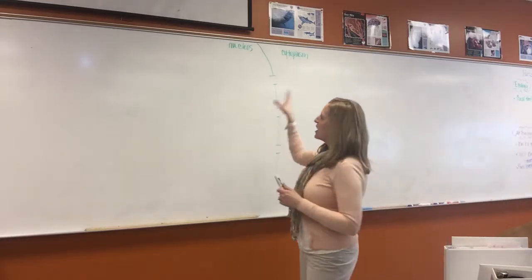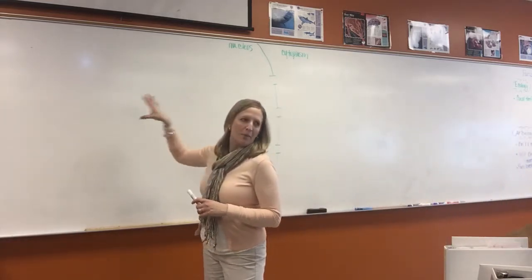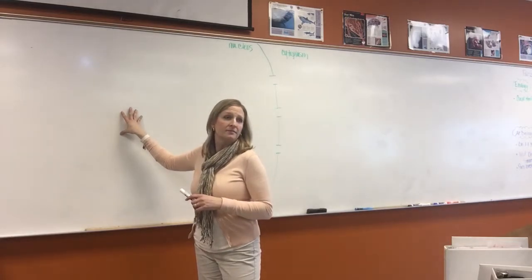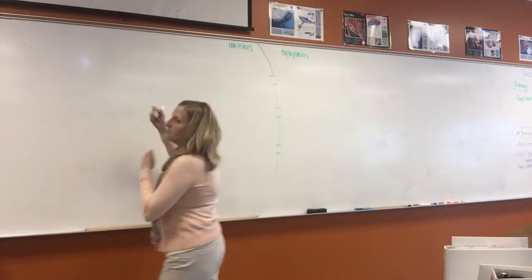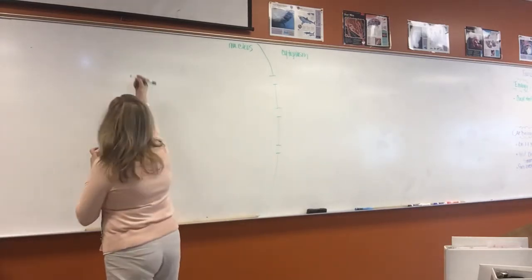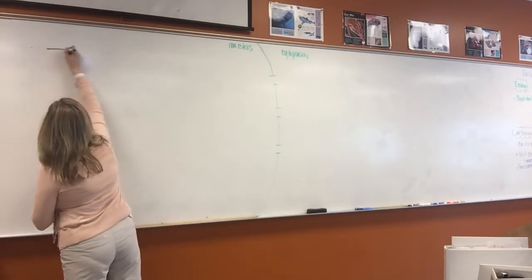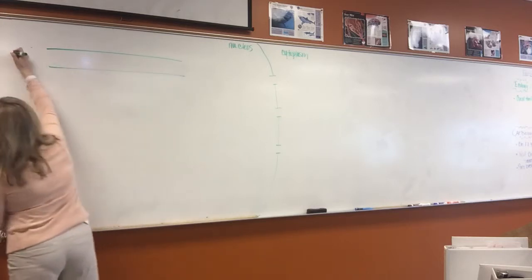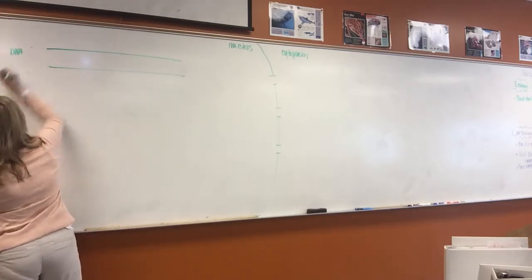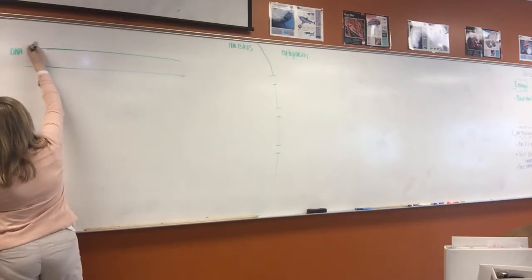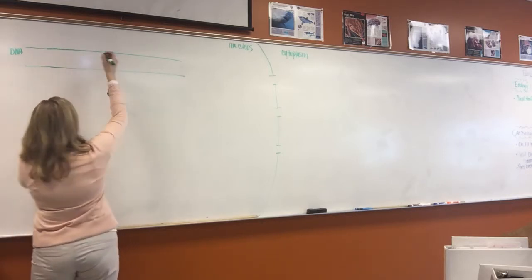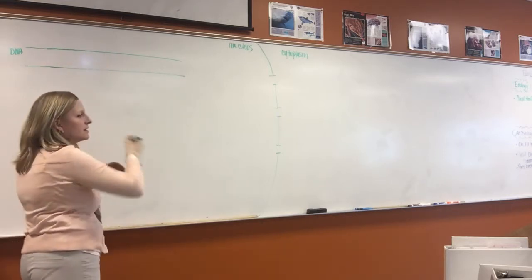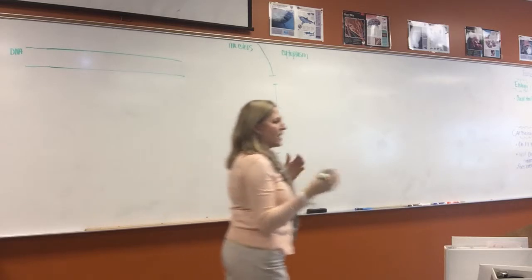So it all starts in the nucleus with what one molecule? DNA, right? And so we have, let me draw here, your DNA molecule, double-stranded. And I'm going to just do the basis of our gene.